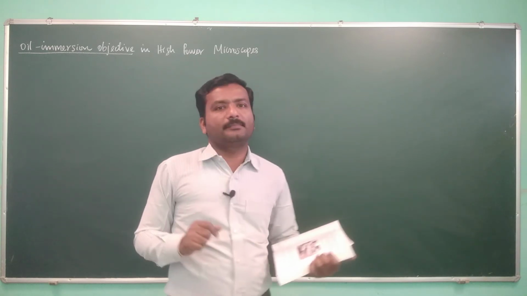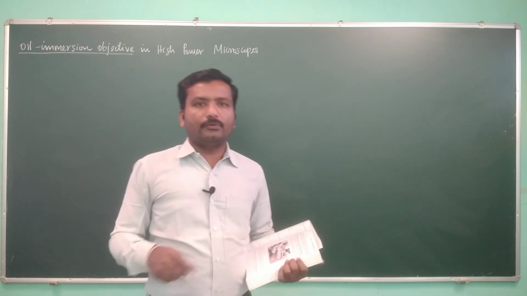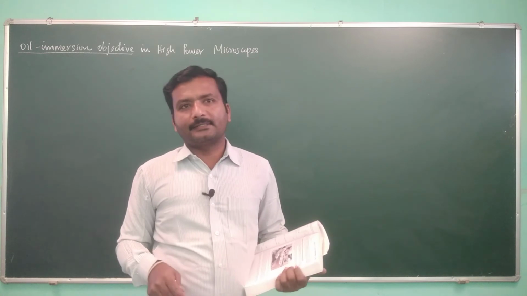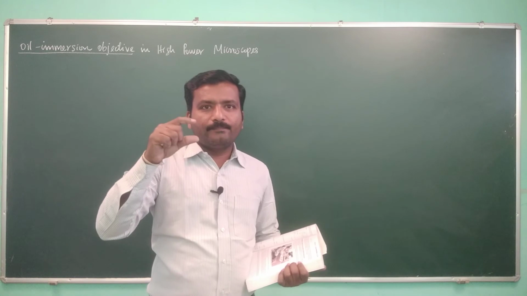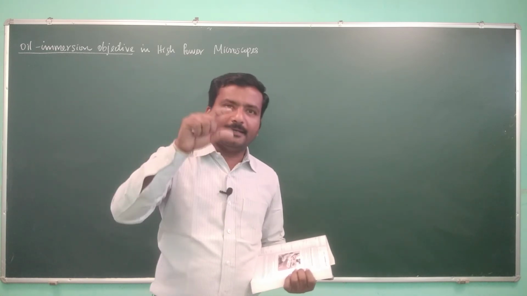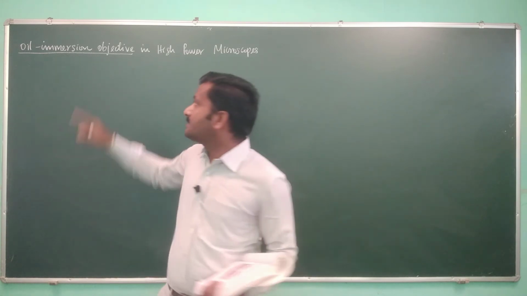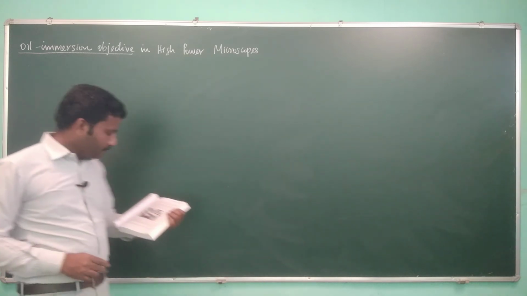It is not possible, right? In that case, we use a combination of oil and an aplanatic lens. This objective lens is the combination of oil and a hemispherical aplanatic lens. That is why this term, oil immersion objective, comes into the picture.